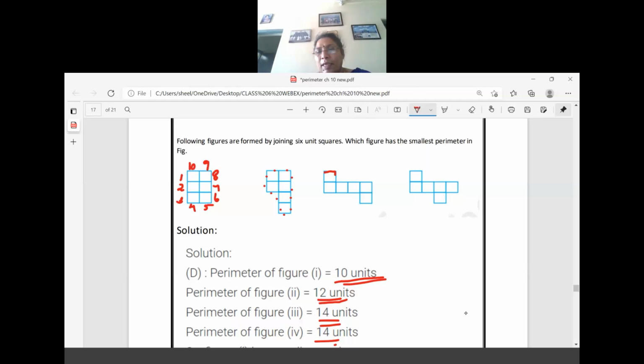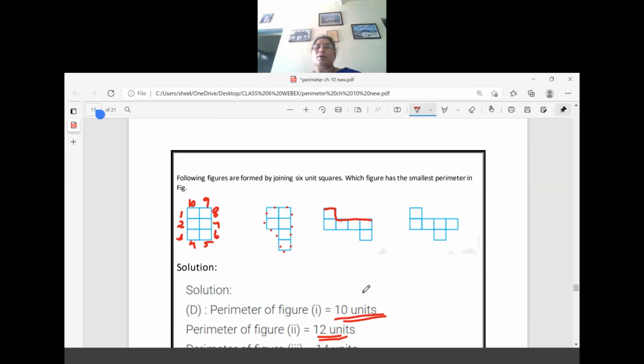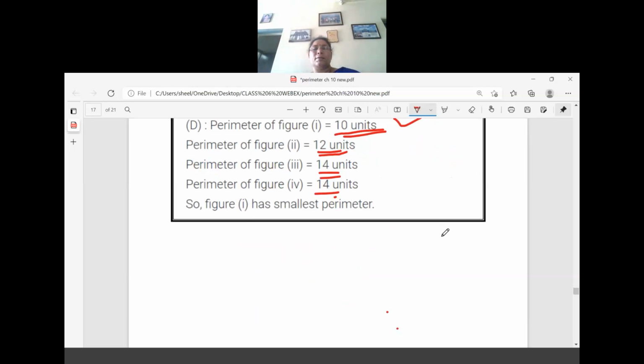This is 1, again 1, 1, like that. Each break we can go for 1 only, so we can add easily. Once more, I want to stress that the perimeter means we have to add the boundary length only. It was asked which has the smallest perimeter. So figure 1 has the smallest perimeter, equal to 10 units, right?